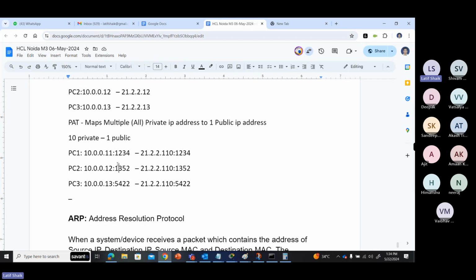I cannot directly attack your private IP, and with your public IP also I cannot attack. Why? Because that public IP is given to so many people. Port address translation maps multiple private IP addresses to one or two public IP addresses. Guys, understand PAT? Yes, sir.